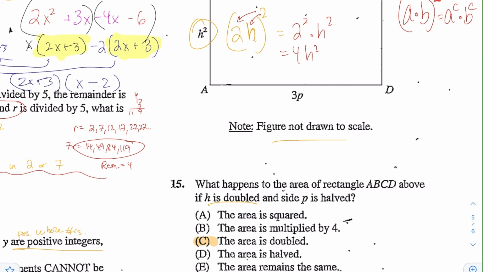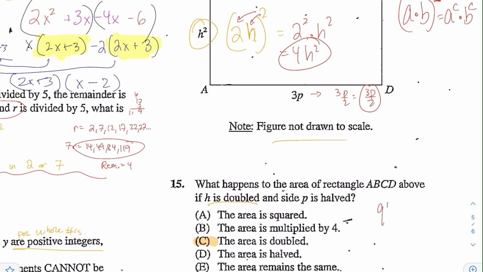And now the side P is halved. So here P is halved. This will turn to 3P over 2, or 1.5P. You can just leave it as 3P over 2. So this side got halved, but the height got quadrupled.